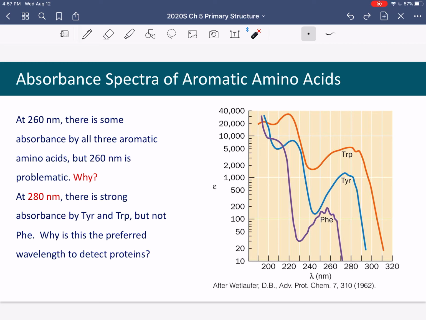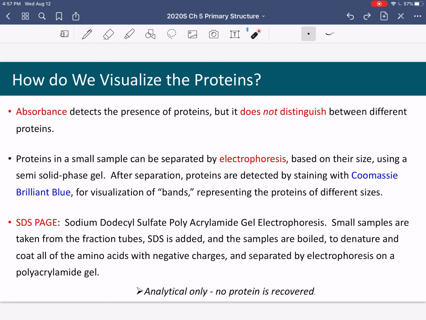And that's in all proteins. So that doesn't really tell us whether or not we have insulin or whichever protein we're trying to purify. It just lets us know which of the fractions are worth using our assay for in order to check to see they have our protein. It helps narrow it down, but it doesn't distinguish proteins.